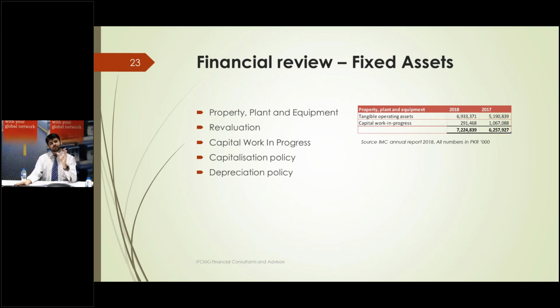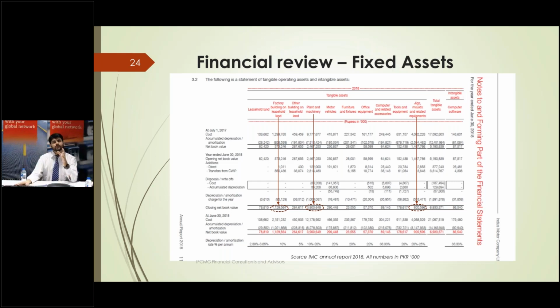If we go back to their fixed asset schedule, we have plant and machinery, office equipment, and computer and related accessories. We can also look at the depreciation rates at the bottom of your screen: 2.3% to 3.85%, 10%, 5%, and 20% and 33% for computer and related accessories.